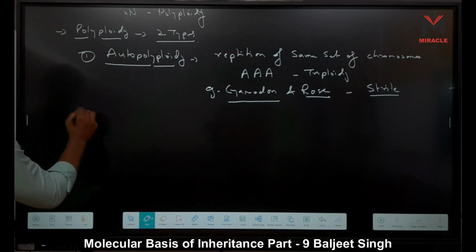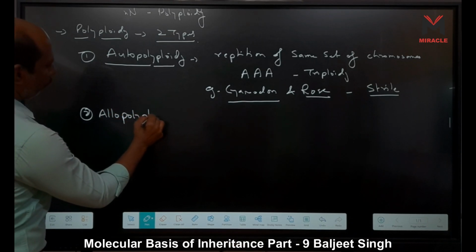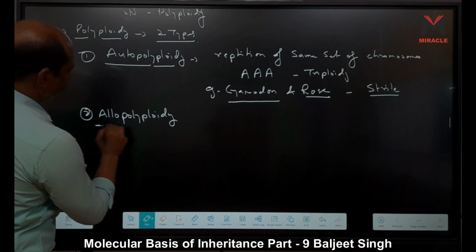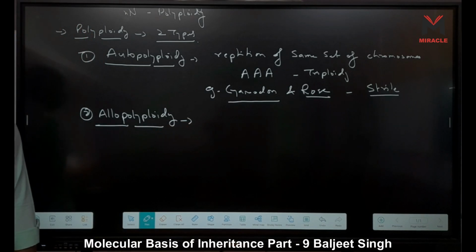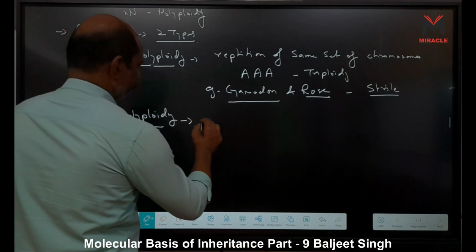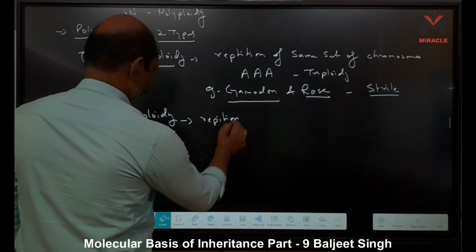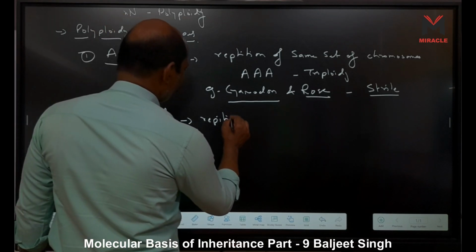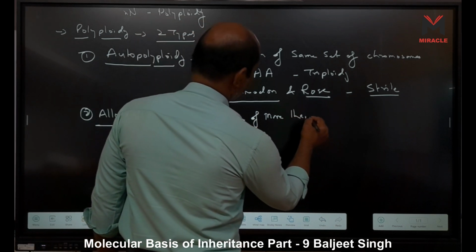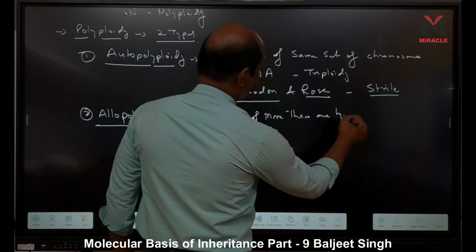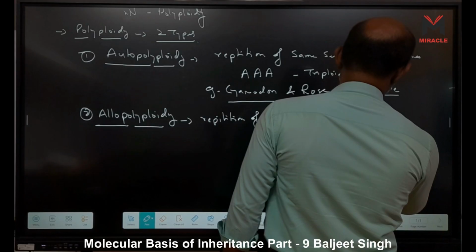Second is allopolyploidy. Allopolyploidy means when there is repetition of more than one type of chromosome set.